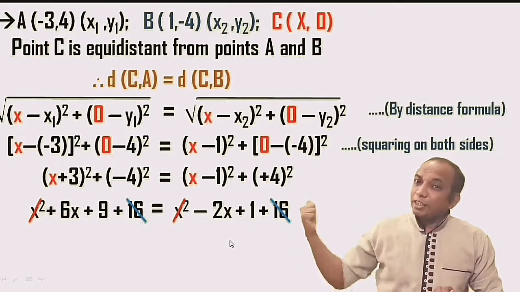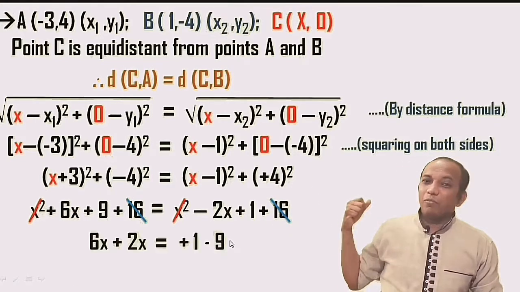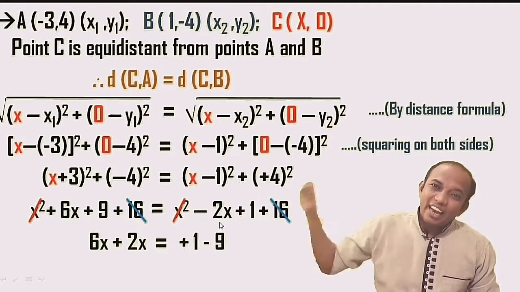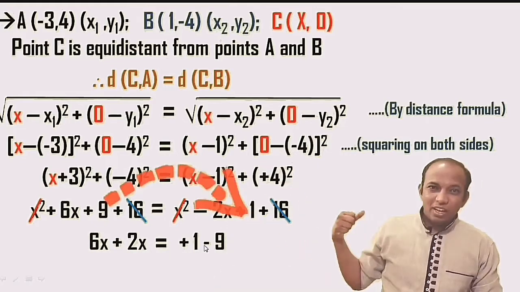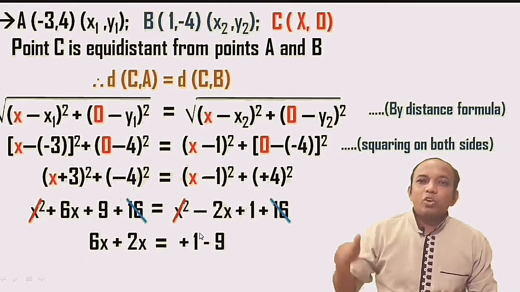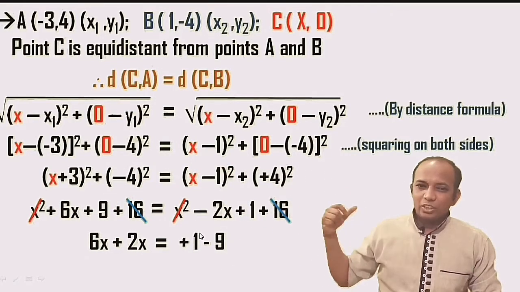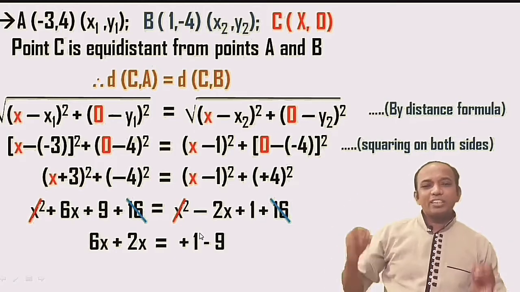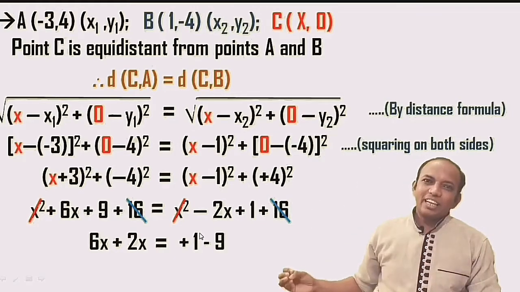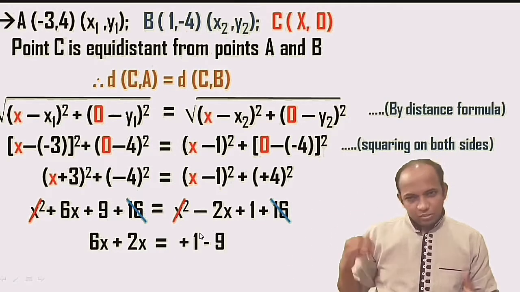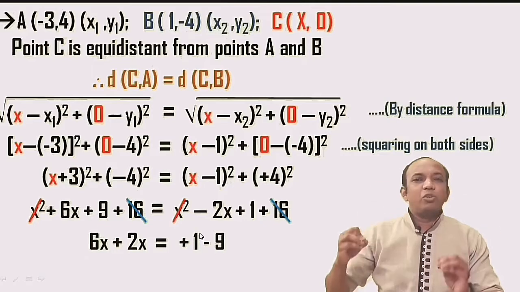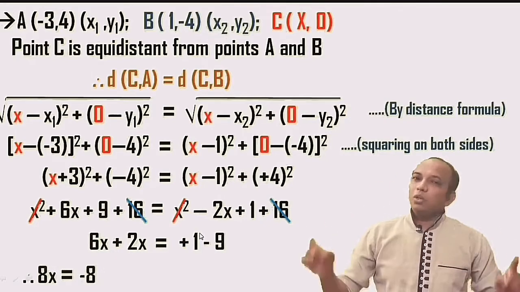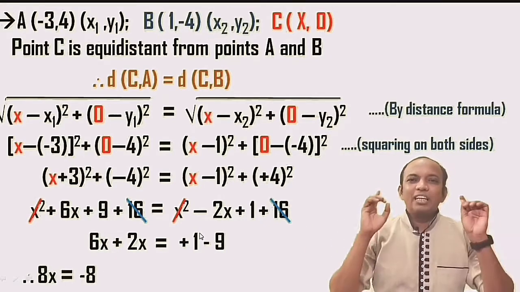So we get 6x plus 2x, and from the 6x side, 9 will be shifted to the other side, towards the 1. So we get plus 1 minus 9. In short we have 6x plus 2x equals plus 1 minus 9. The moment you carry out the operation mentioned there, we get 8x equal to negative 8. Integers rule, bigger number sign, don't forget that part.